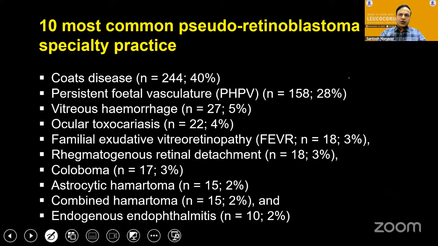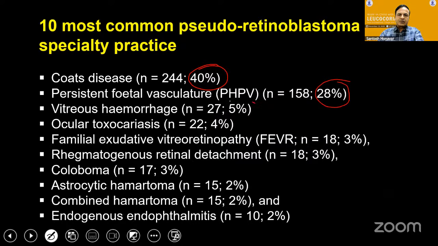Now, if you look at the 10 most common pseudoretinoblastomas in a specialty practice in a Western situation, you find these. Many of these may not find a place in a list which is Asia-centric or India-centric, but just for the sake of completion, you find that non-retinoblastoma leukocoria, you find Coats disease on top, followed by persistent fetal vasculature.